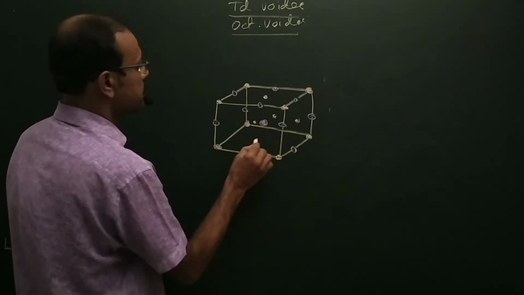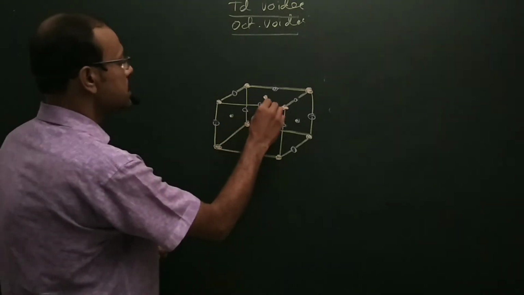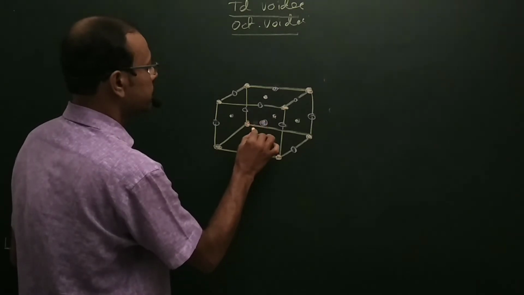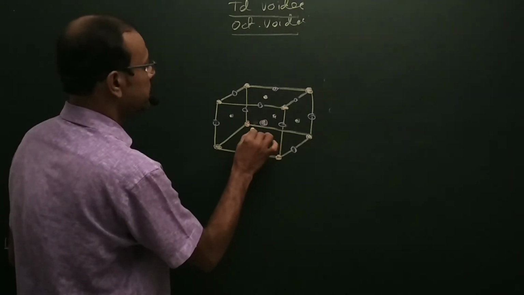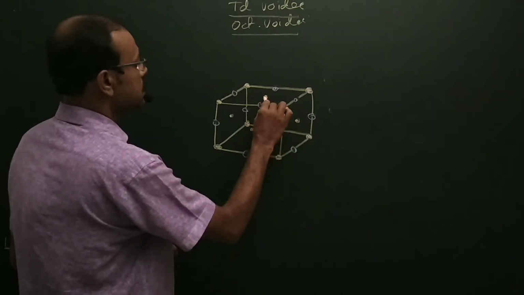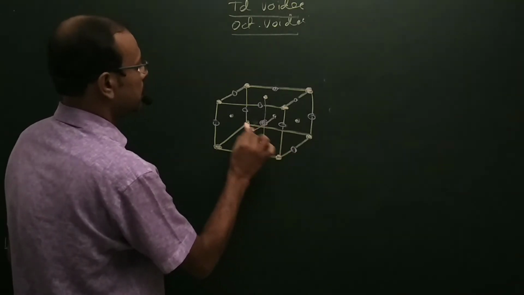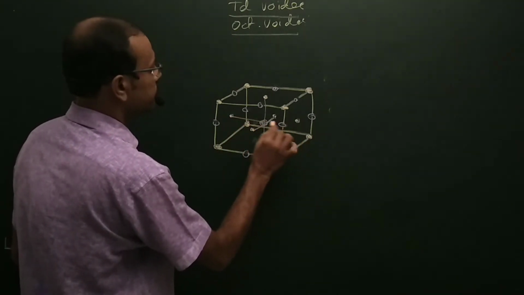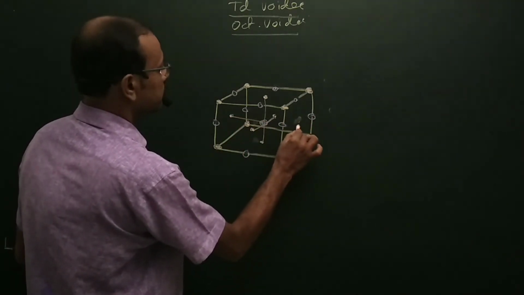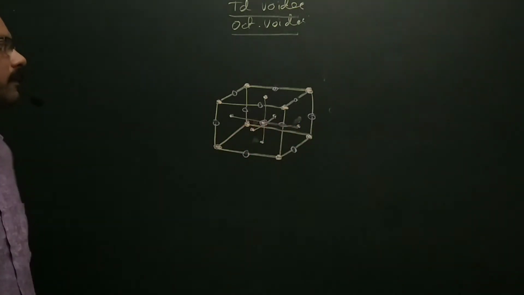This is the down face. This is the left hand side face. There are 6 particles. It will be convenient to see. If I join this, you will find an octahedral void inside the body of the cube.